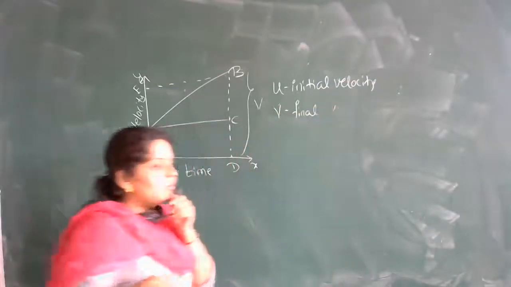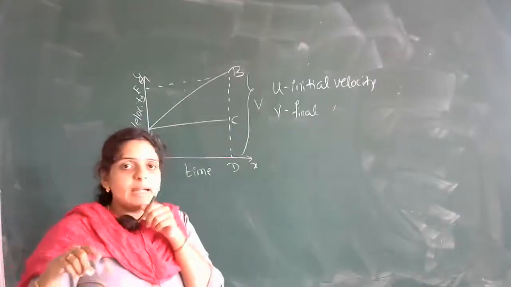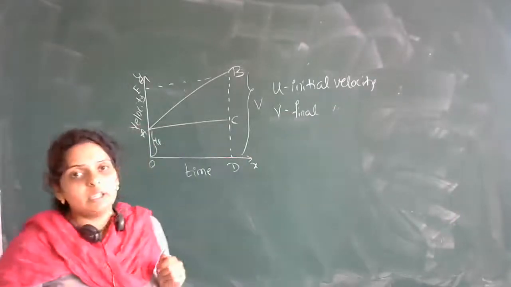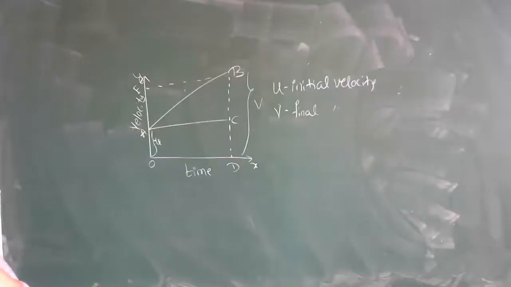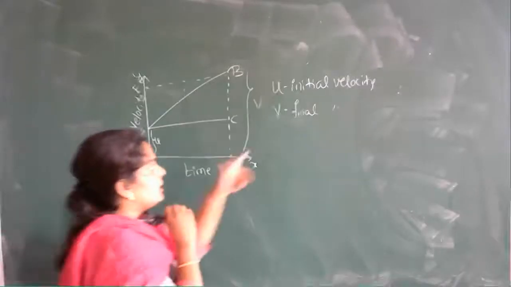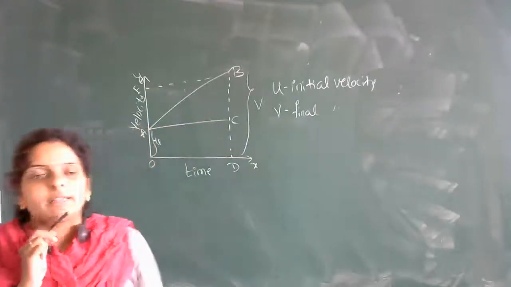So what explanation will we write here? Let u be the initial velocity of the body, and in a time interval t, it reaches the final velocity v. This is the first paragraph we are going to write after the diagram.